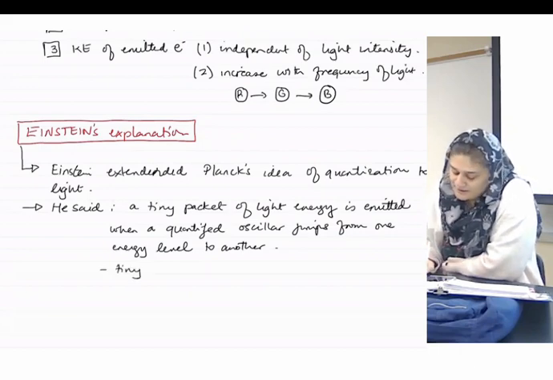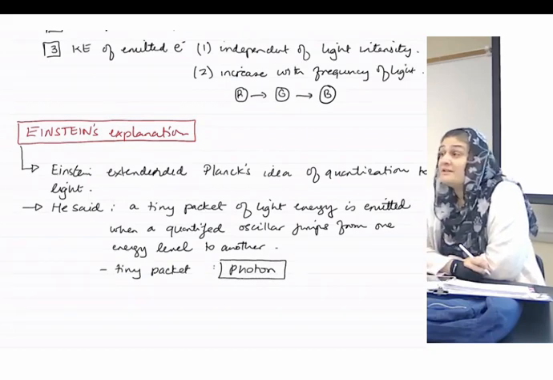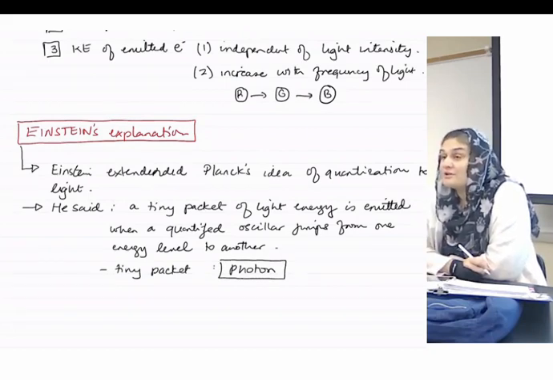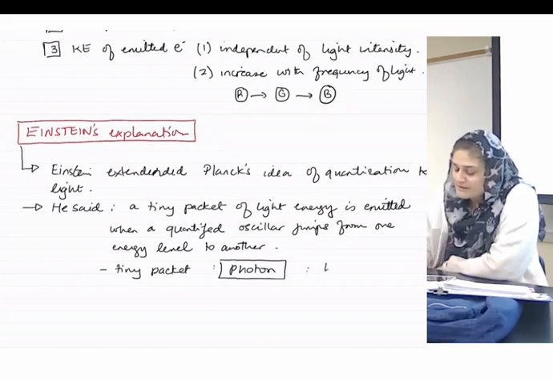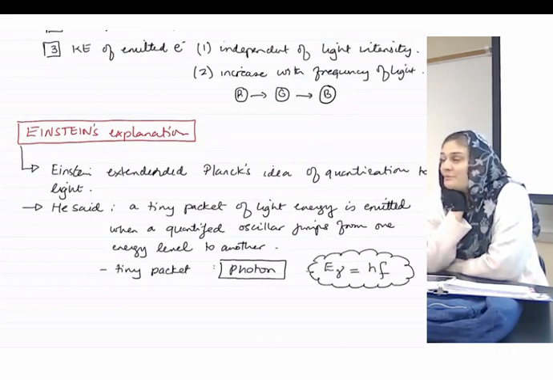And he called this tiny packet a photon. And because they were observing that the energy carried by the photoelectrons was a function of frequency, he wrote that the energy of a photon is hf, related by Planck's constant.